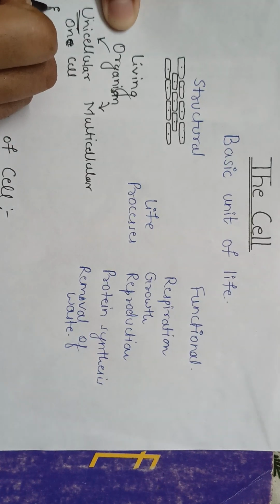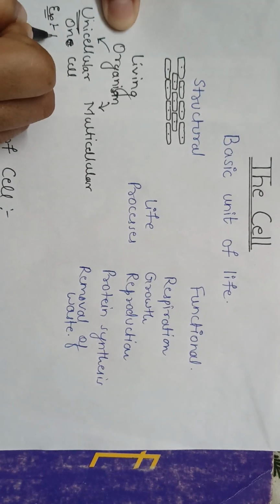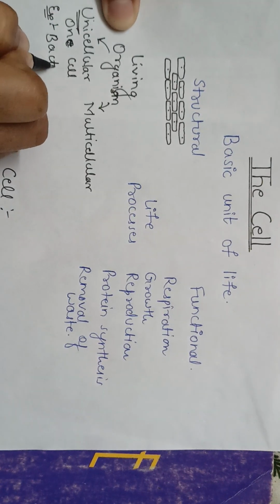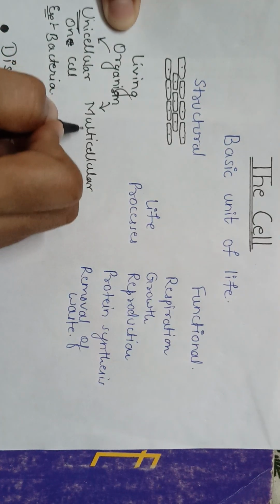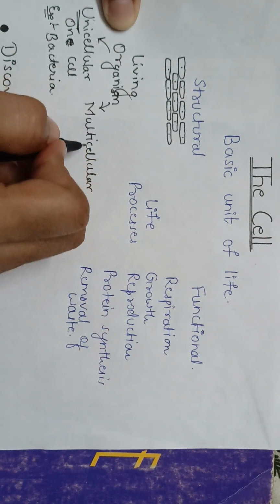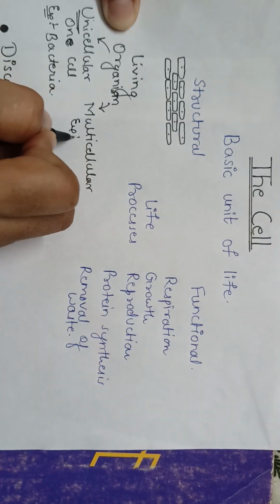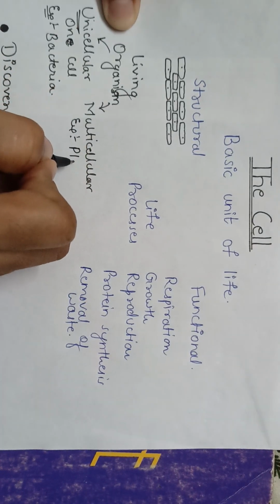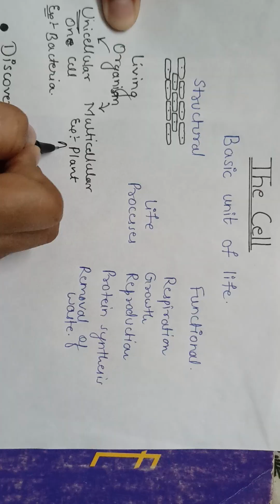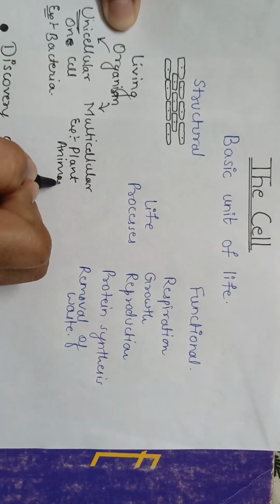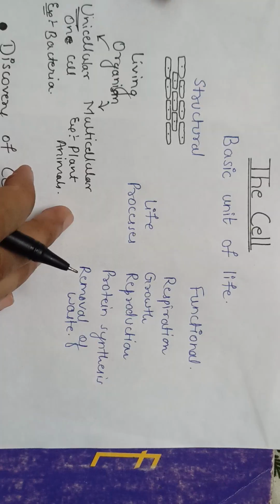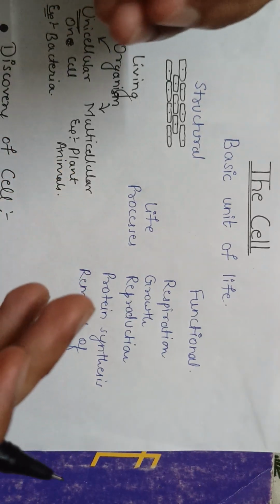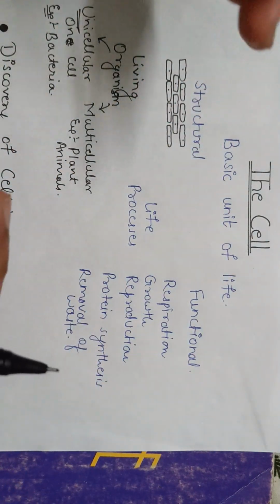Best example of it is bacteria, and multicellular means more than one cell. So examples of it could be plants, animals, like they are made up of millions or we can say trillions of cells if I talk about humans. So that is the structural part.